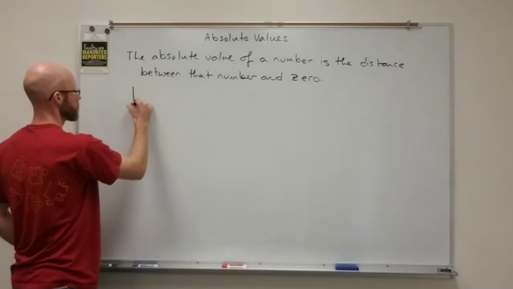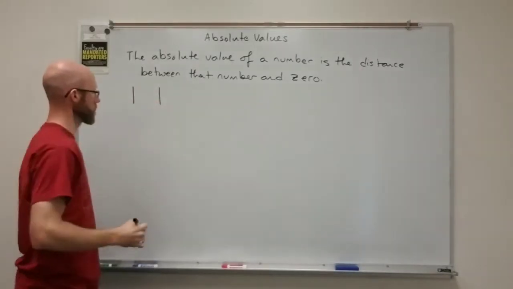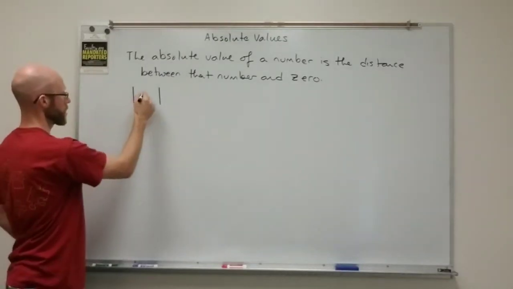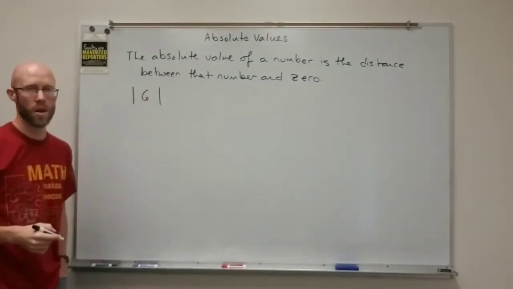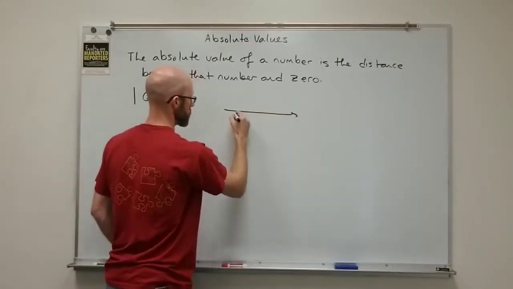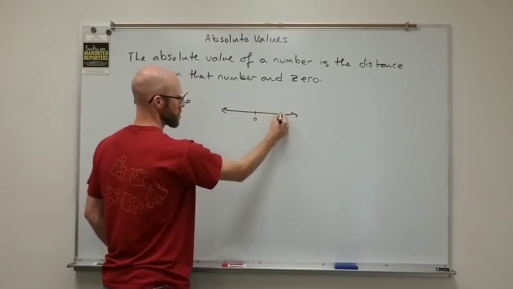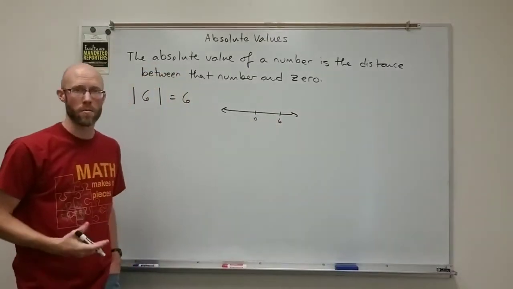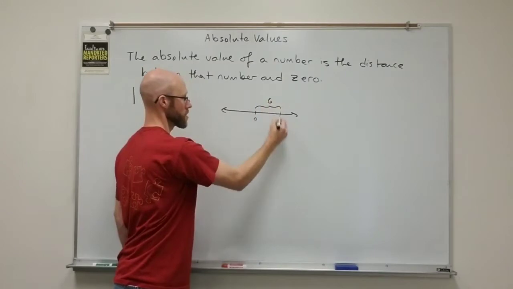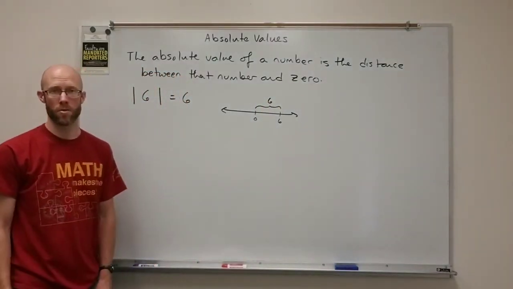Now that might seem kind of like a weird definition, but that's all it is. Absolute values are represented by these straight bars on either side of the number. So the absolute value of 6 is equal to 6 because the distance between 0 and 6 on a number line is 6. There's 6 units in there, right? So the distance is the absolute value.